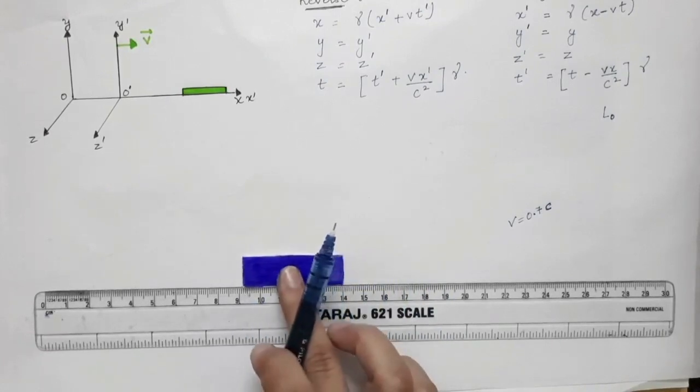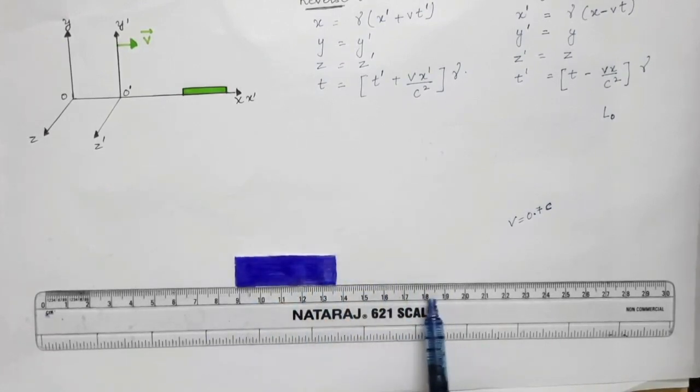Let's say it will come out to be 9 because the object is moving. Earlier it was 17 centimeters, now the other coordinate is 9 centimeters, because you are taking the measurement of the coordinates at different times.